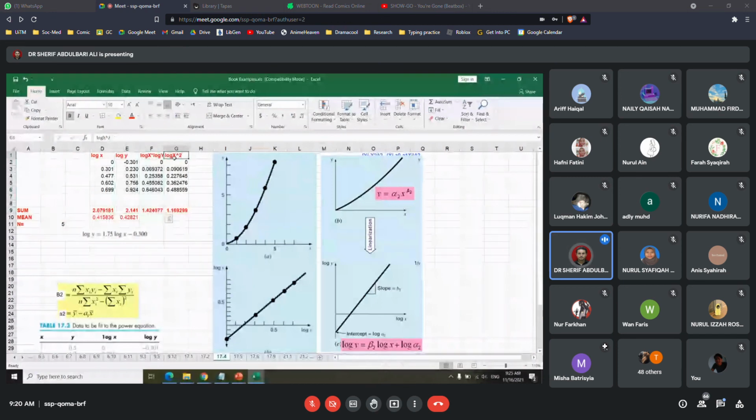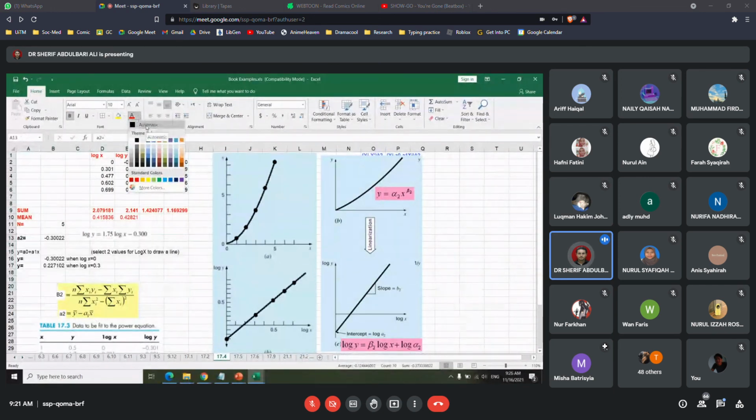Now these values, you are going to use them inside these two equations to get the model. So at the end, your model is going to be equal to log y is equal to 1.75 log x minus 0.g.